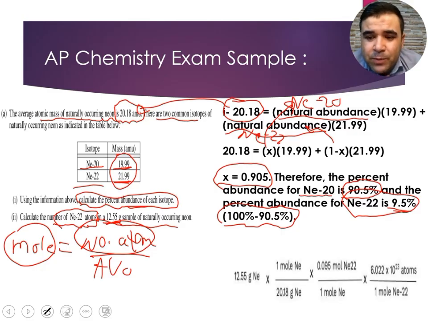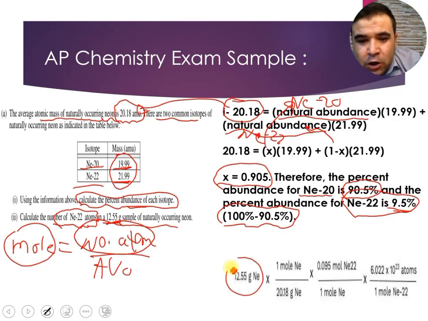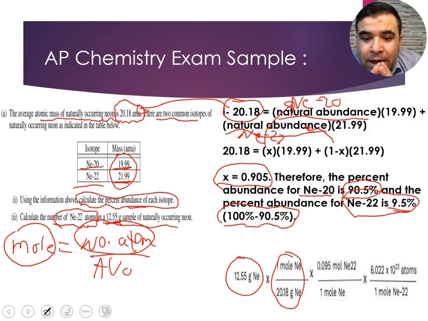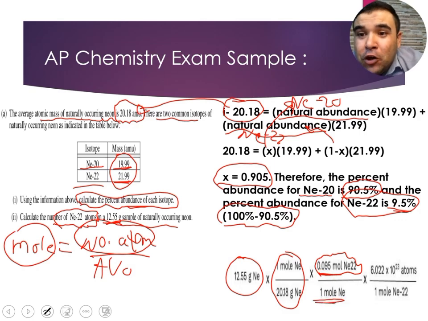Here we have represented the solution. As you can see, we converted the mass by dividing by the average atomic mass to get the mole of neon, but this is the mole of neon including both isotopes. How do we convert into neon 22 only? We should multiply by the abundance of neon 22, which is 9.5%. It's 0.095 mole per 1 mole of neon totally.